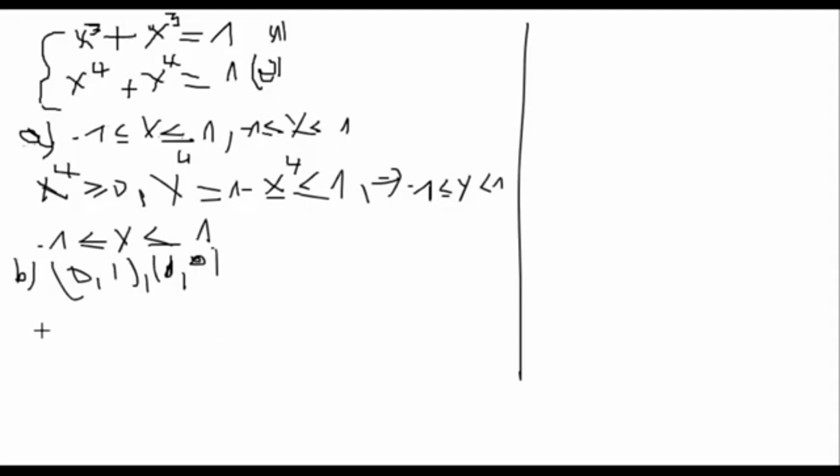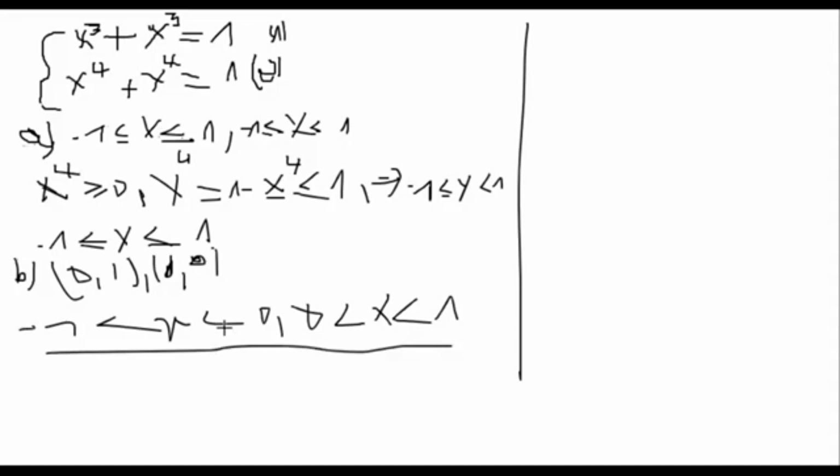The remaining range is x strictly between -1 and 0, and x between 0 and 1. So we have these two conditions, x between -1 and 0 and x between 0 and 1.